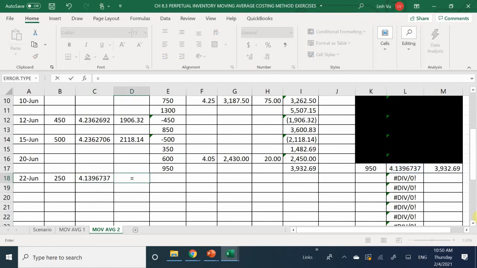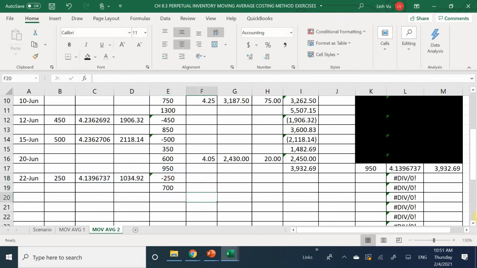So what is my total cost of goods sold? 1034.92. We're going to subtract this out, so we should have a total of 700.